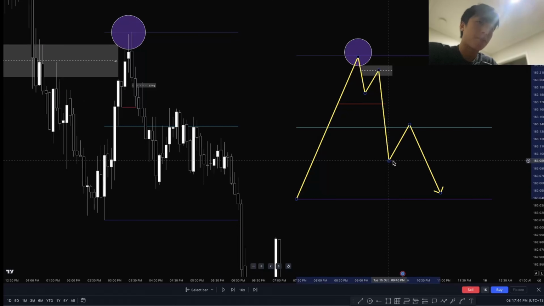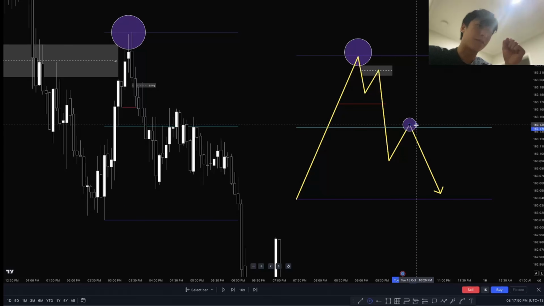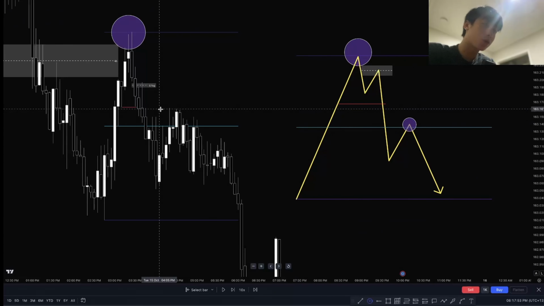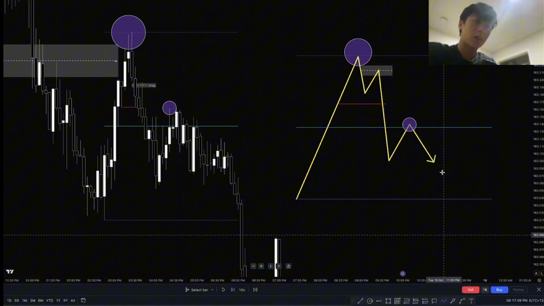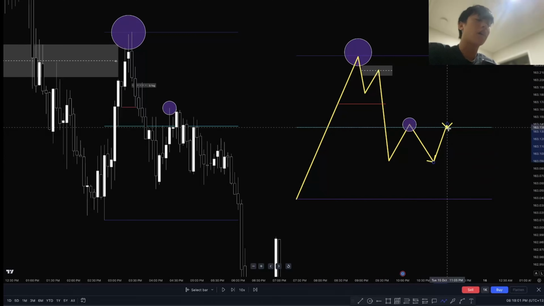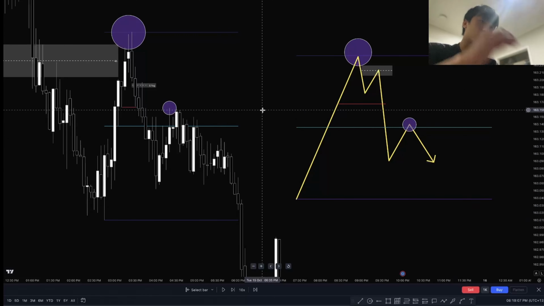Just like right here, this leg up, this bullish movement up, has been sold off at the 50%. So after we see it touch this for the first time and reject, on the second time back up, when it came back up into 50% and I saw it reject again, I was like, cool, it's probably going lower now. The bulls don't have any momentum.